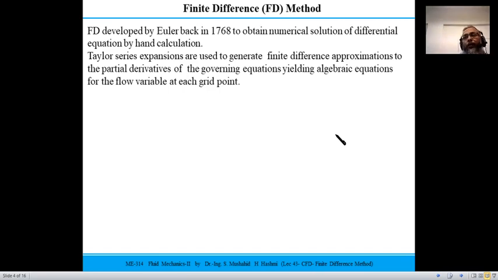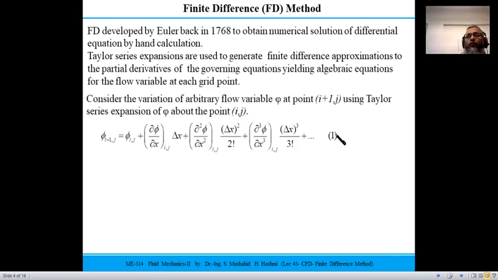In this way, we will be able to get information on our variable of interest at each grid point. So let's say we have an arbitrary variable phi, and we are interested in getting information about the point i plus 1, j, because we are expanding the Taylor series at point i, j.